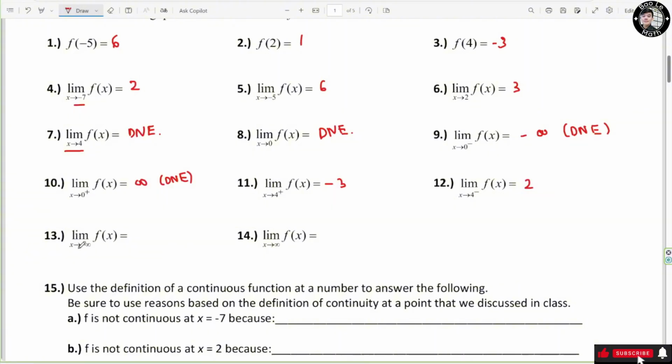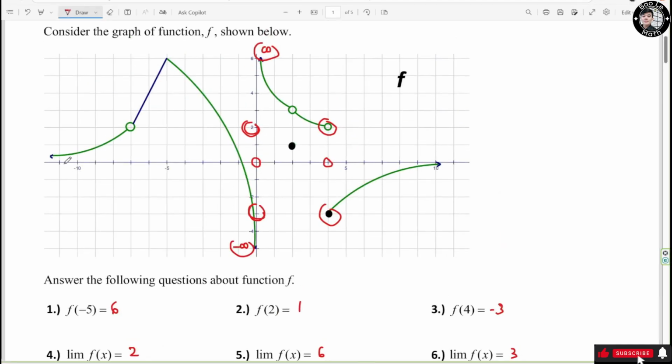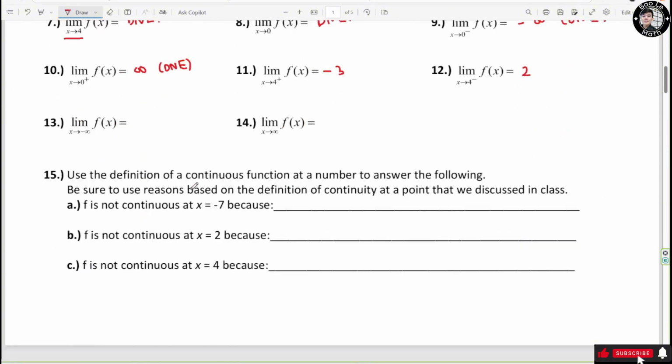Question 13, limit of f of s when s approaches negative infinity. So when s approaches negative infinity, this guy keeps getting closer to the x-axis, which is 0 right here, right? It's above the x-axis, so it could be 0 plus.